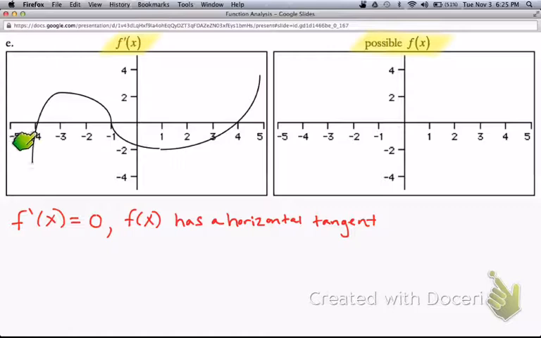Now notice here that some of them aren't exact, like over here at -4, it's not perfectly at -4, but we're going to estimate it as close as possible to -4 just for ease of the purpose of what we're doing. So notice that here we go from negative y values on this side of -4, and then over here we change to positive y values on this side of -4. So to the right of -4 we have positive y values, to the left of -4 we have negative y values.